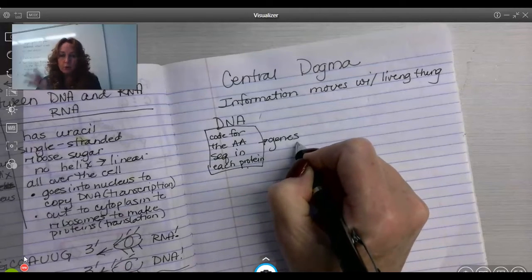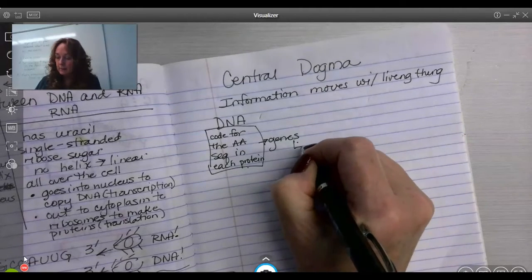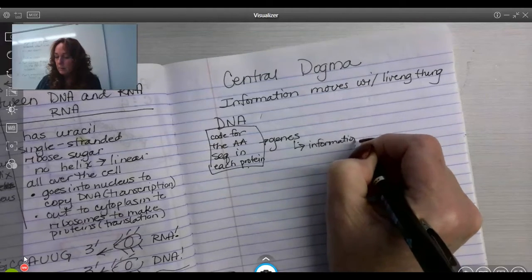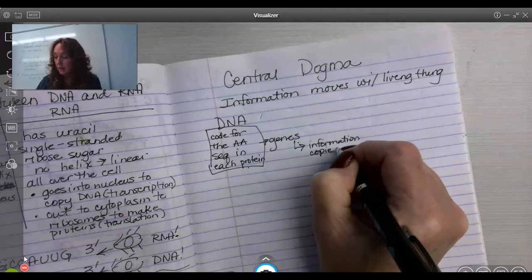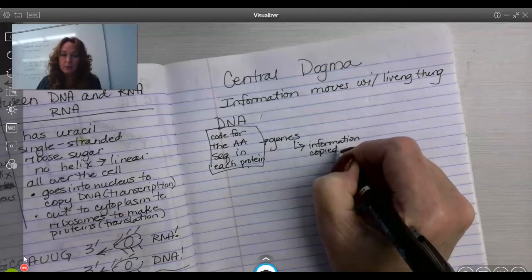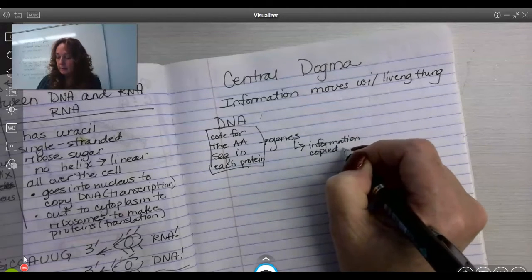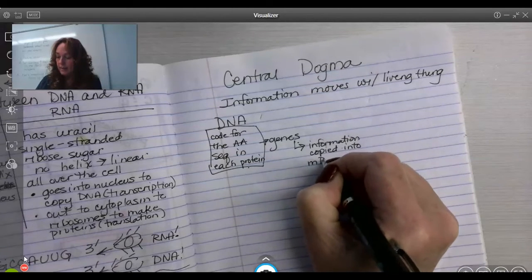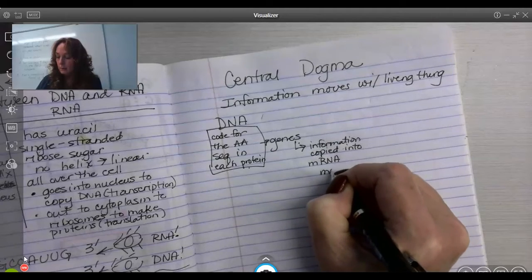Then you go to the genes, and this information is going to be copied, because we cannot take DNA out of the nucleus, into a messenger RNA molecule.